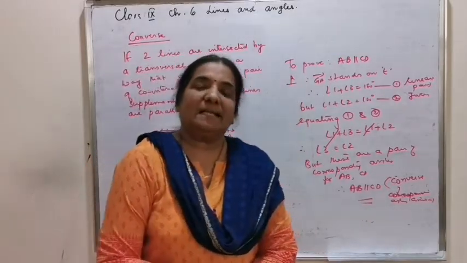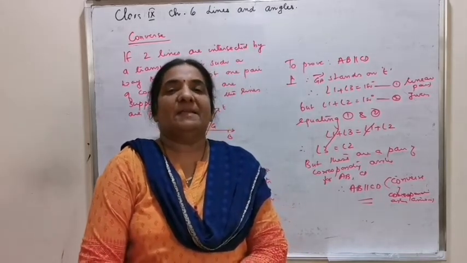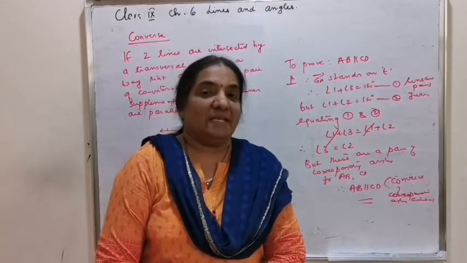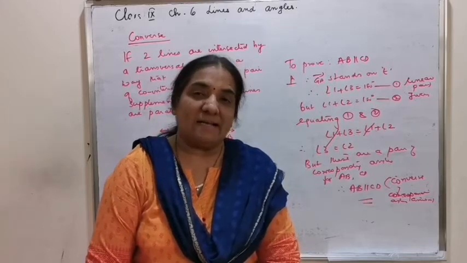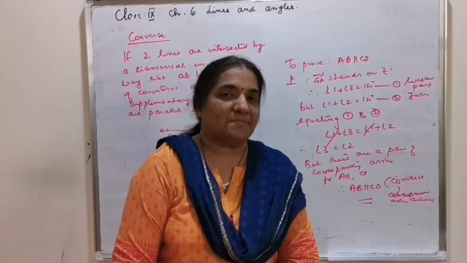So once you understand the proof and you know that corresponding angles axiom can be used, you can either take the help of vertically opposite angle or linear pair axiom to prove the remaining two theorems.